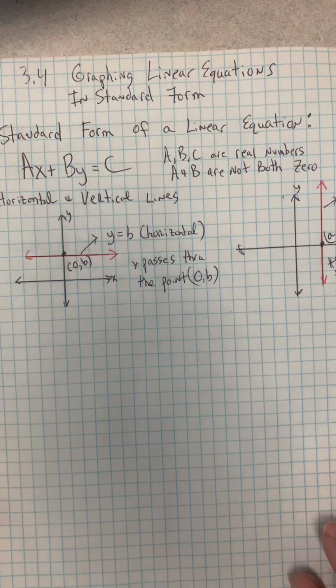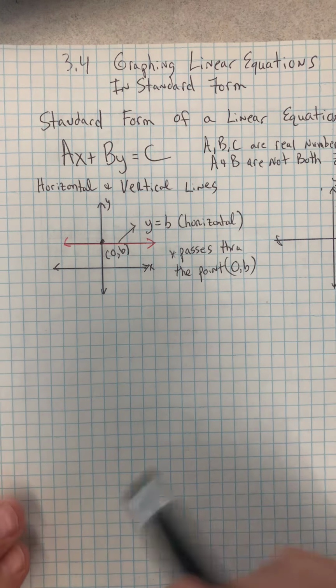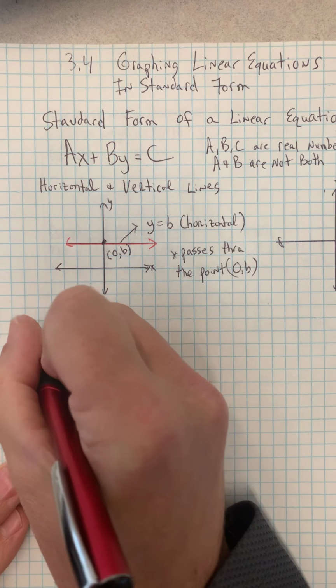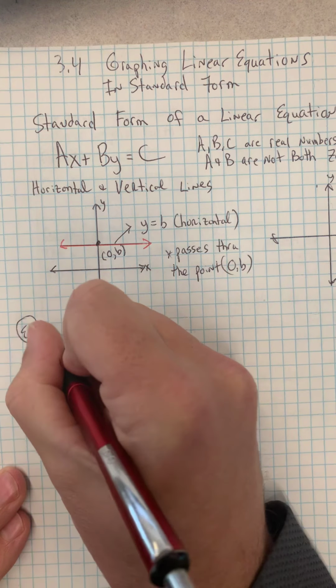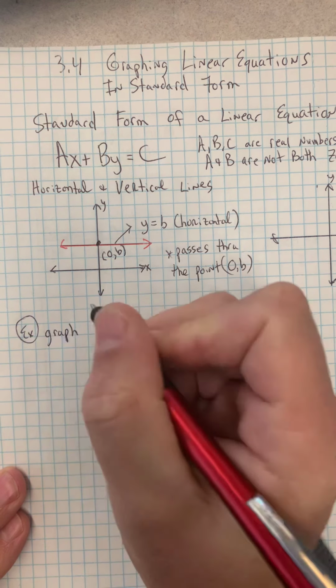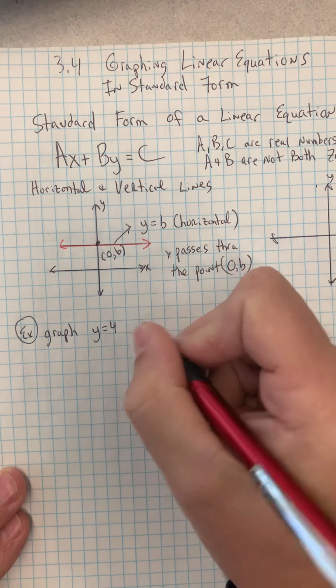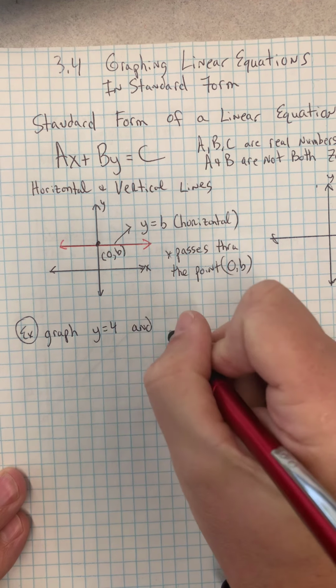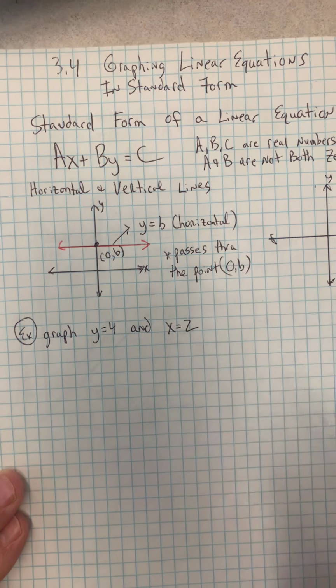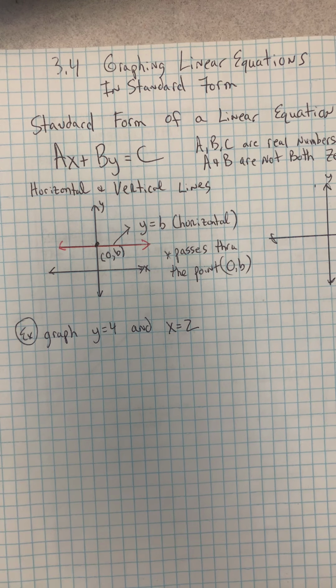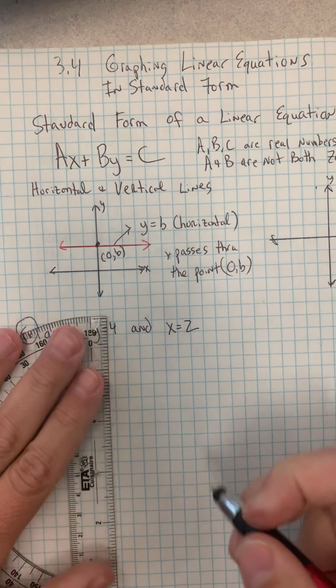Here's a little example. We're going to graph y equals 4 and x equals 2. And to save time and a little bit of paper, I'm going to do this in the same coordinate plane.